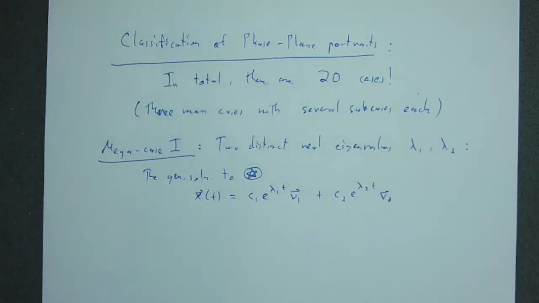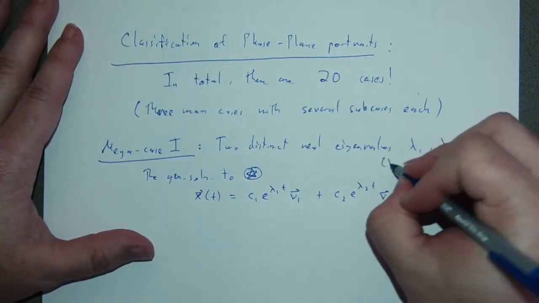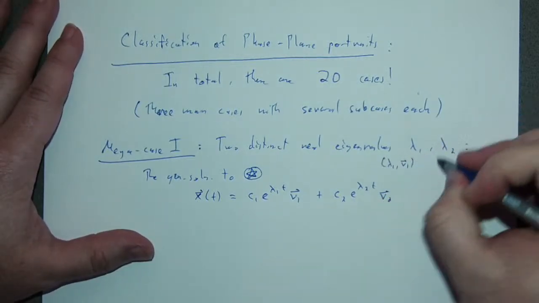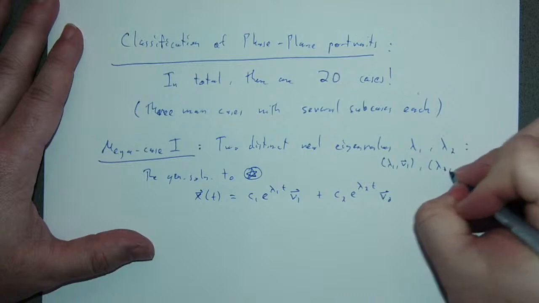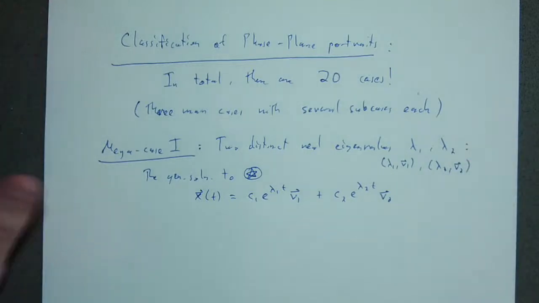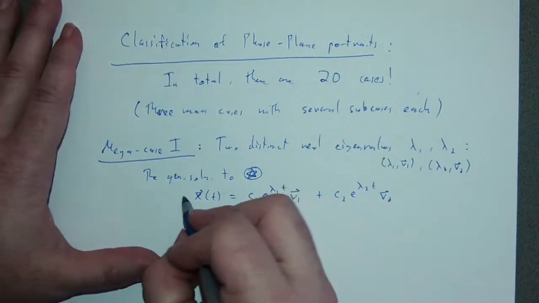Same thing, right? So if you like, I could write these as eigenpairs, right? Maybe I'll do that. So I have eigenpairs in the usual way. Okay, there they are. So then this is my general solution.